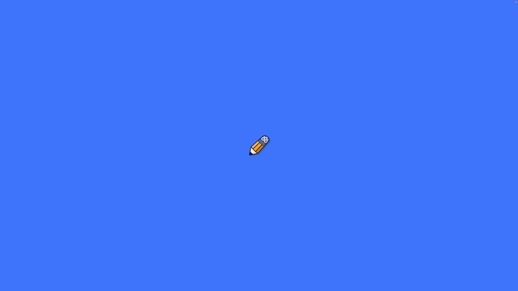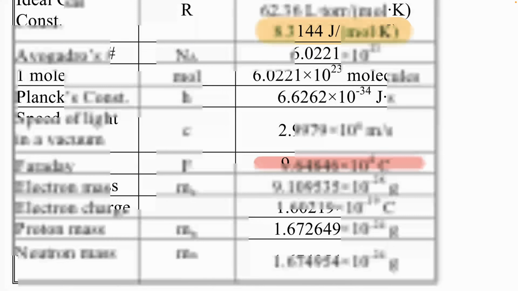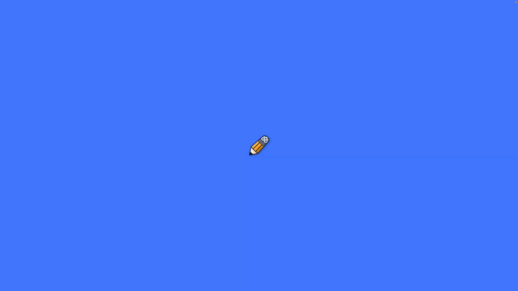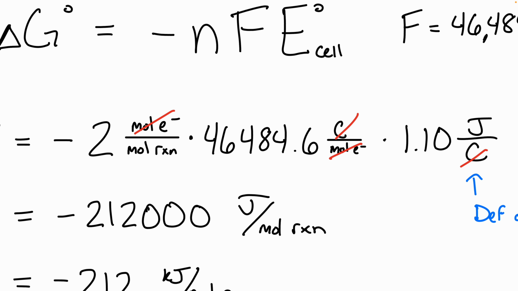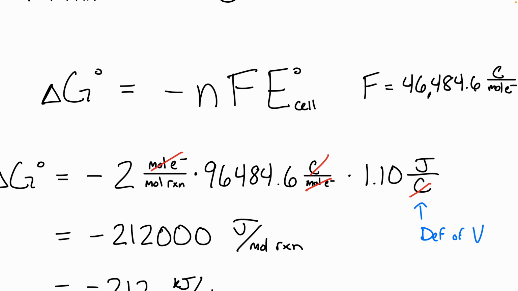I read this number wrong. It's 96. Yeah, my bad. I was looking at it like, wow, that's a lot more 4s than I remember, but okay. Yes, 96,484.6. Thank you. I was sitting here like, this is about half the number you have. Yeah, awesome. Good catch.